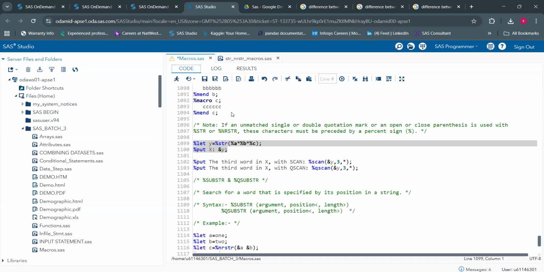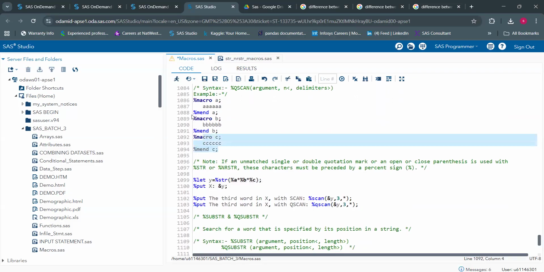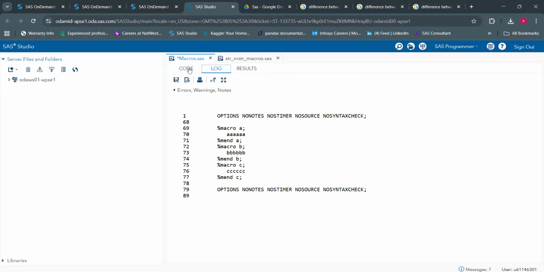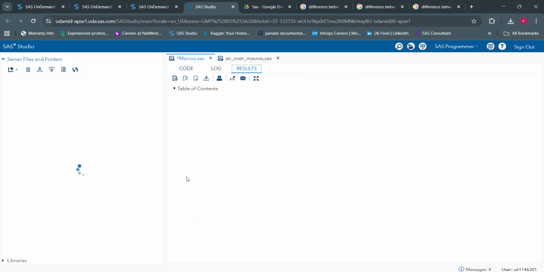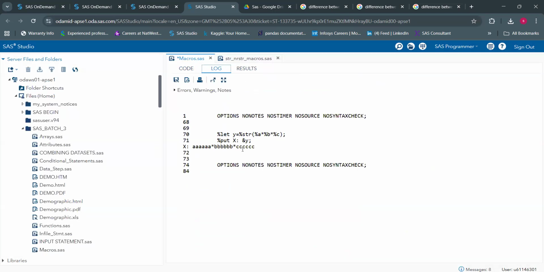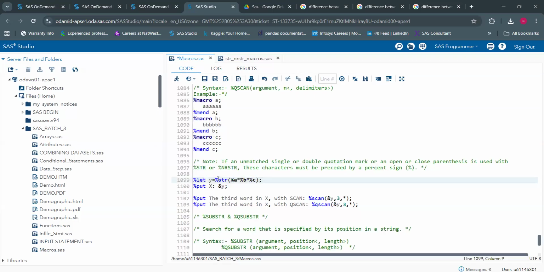Otherwise, if we simply use STR, we'll be getting A, B into C, right? So what did we get in terms of NRSTR?